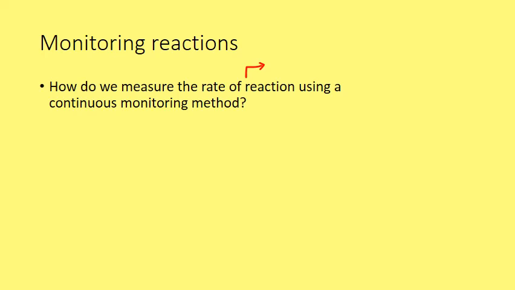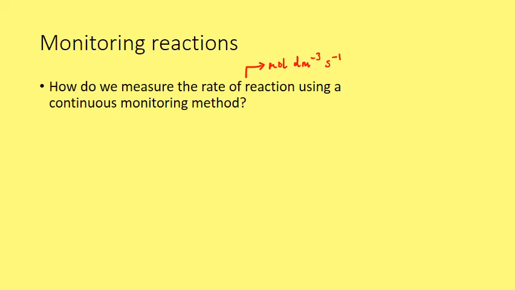But at year 13 we get more into changing concentration per second. As you know, the units of concentration are moles per dm cubed, and so the rate of change of concentration would be moles per dm cubed per second. So that's how we measure the rate of reaction from now on.